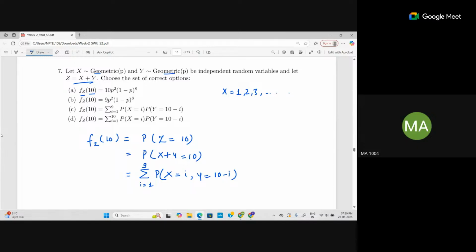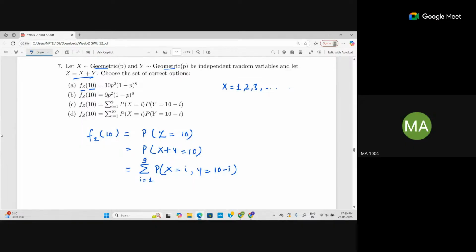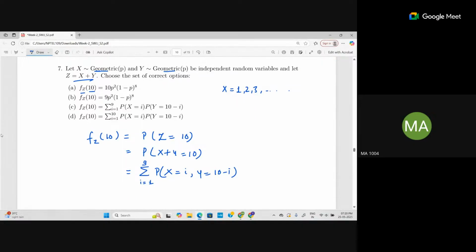We have to solve the question according to the PMF given to us, not in general. So you can see x is following geometric, it is not taking value 0, so it will start from 1. And it cannot go up to 10, because if x is equal to 10, then y needs to be 0 for x plus y to be equal to 10, which is not possible because y is also following geometric, so y can never be 0.